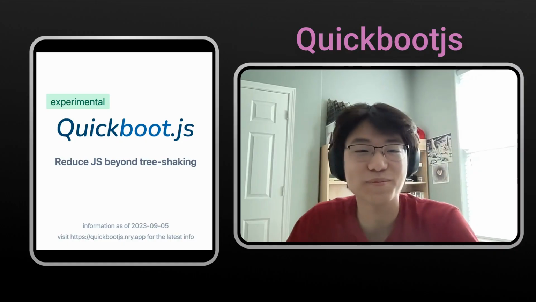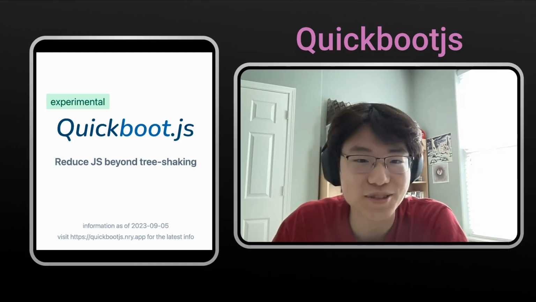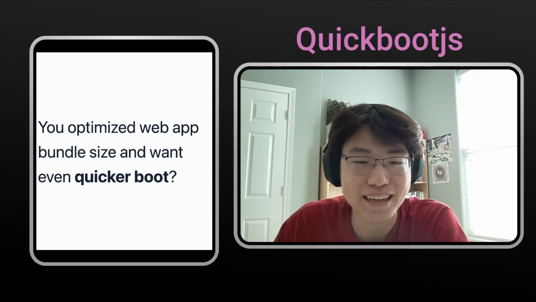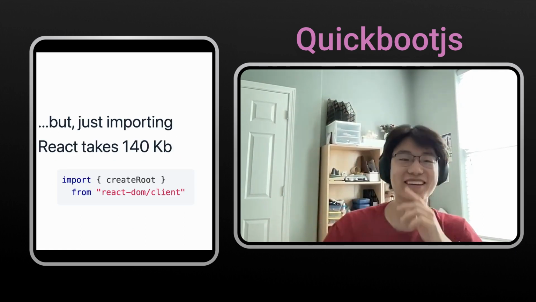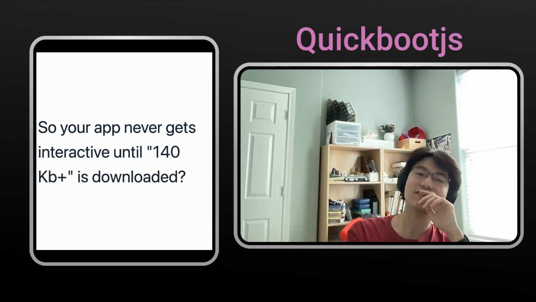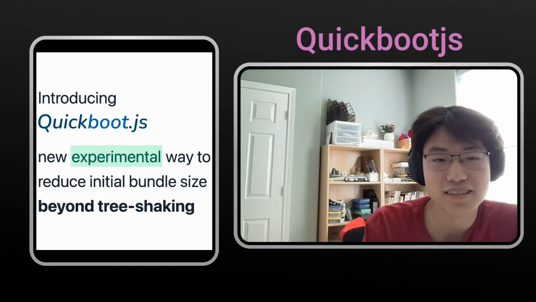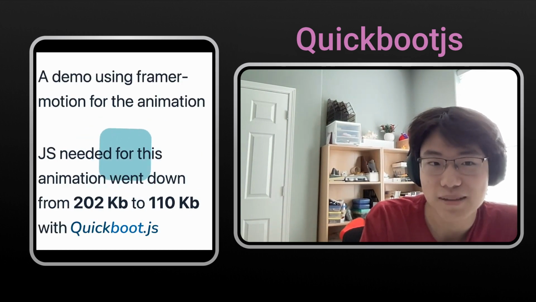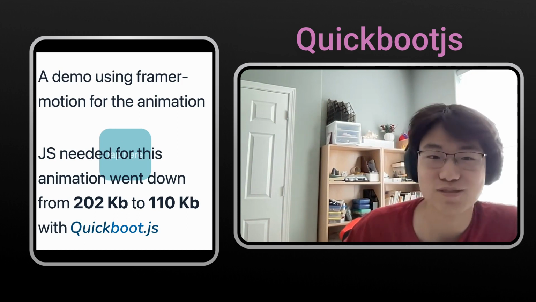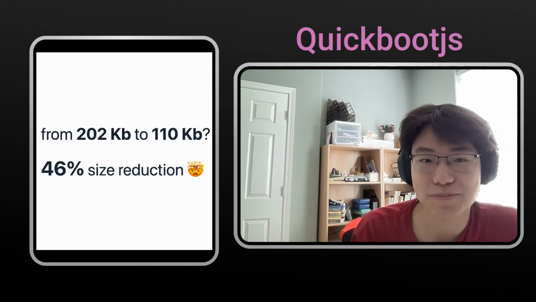Okay, last up, we got QuickBoot.js. So I was just on Twitter scrolling, and some guy put out this crazy library. So basically, from what I understand, it runs your app, and then it figures out which parts of the code don't run, and then it just removes them, or effectively removes them.